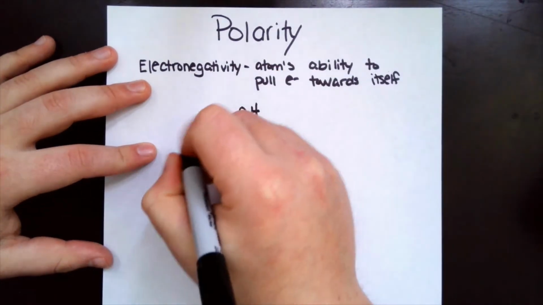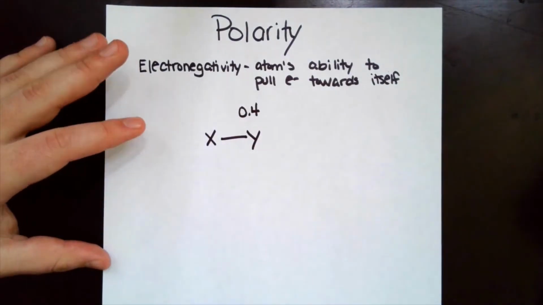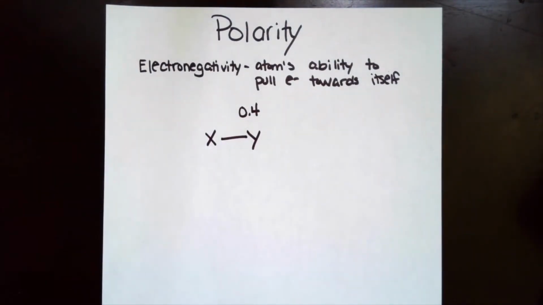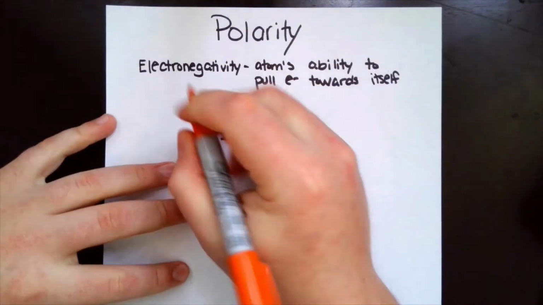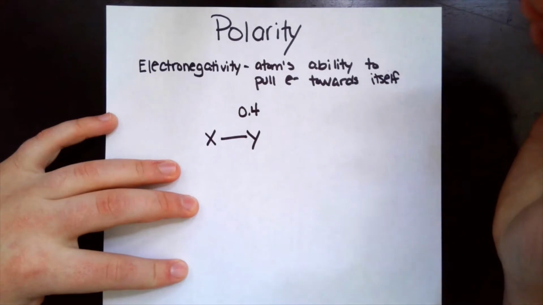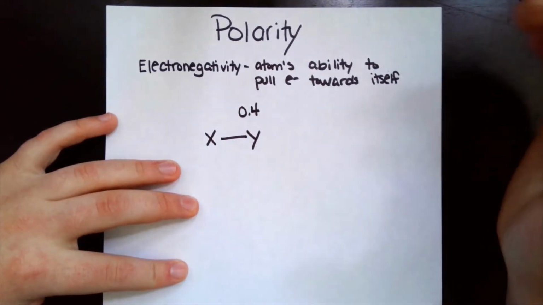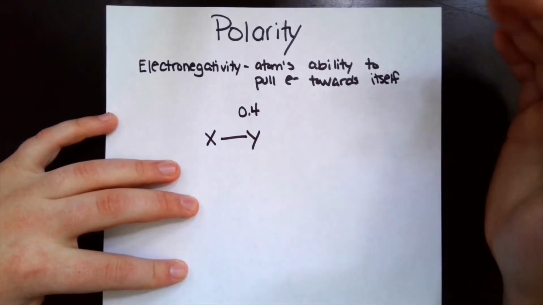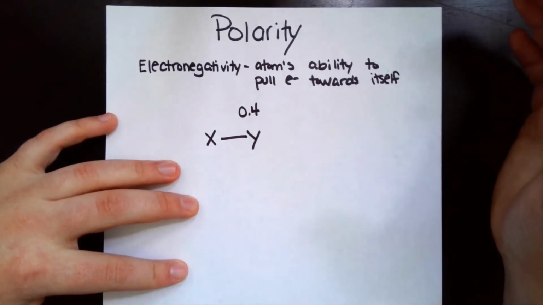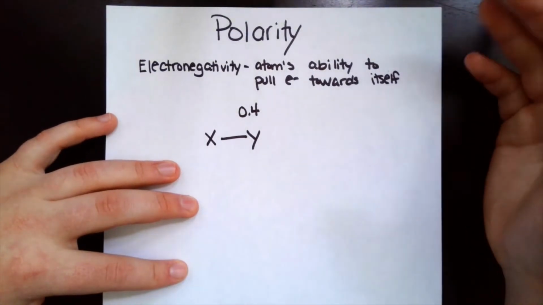Well, let's say we have a chemical bond between X and Y. If the electronegativity, and I want to say right now that electronegativity is on a scale of 4.0. The single most electronegative atom in the world is fluorine. So fluorine has an electronegativity of 4.0, and the lower you get, the less electronegative it is.